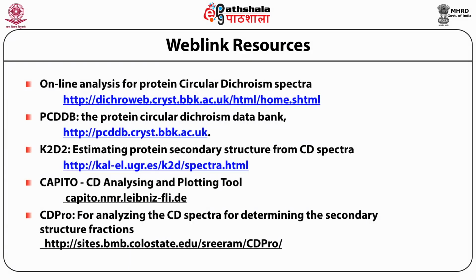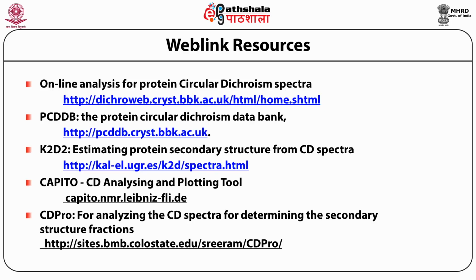We discuss the various online tools available to predict the secondary structure content in a protein. First you take the spectra, and that spectra is then loaded to these servers, and you can easily calculate the amount of secondary structure actually present. The most common is DichroWeb, used for the analysis of protein CD spectra.